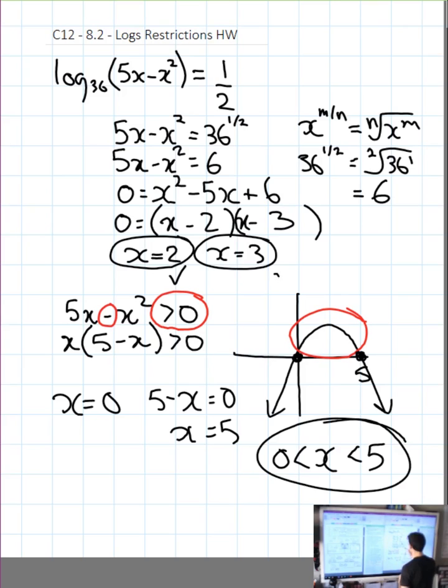X equals 3, correct. Both between 0 and 5. Please feel free to do the rest of the notes or read through them and see the different restrictions and inequalities and understand why we restrict some of the answers if they are outside of the domain.